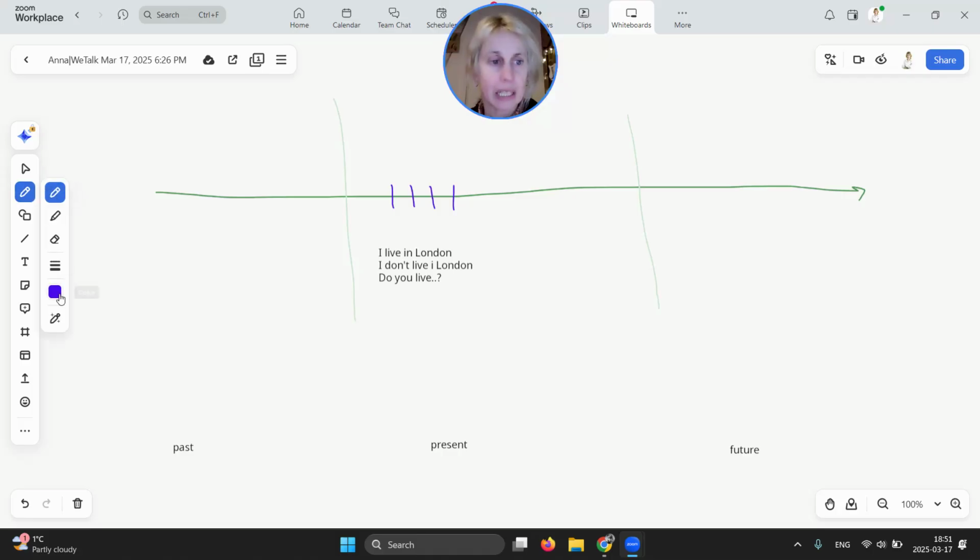Okay, the next one is a tense which we use to talk about something which is happening right now at the moment of speaking. While this one, the purple one, was present simple, the green one will be not present simple, but present continuous.